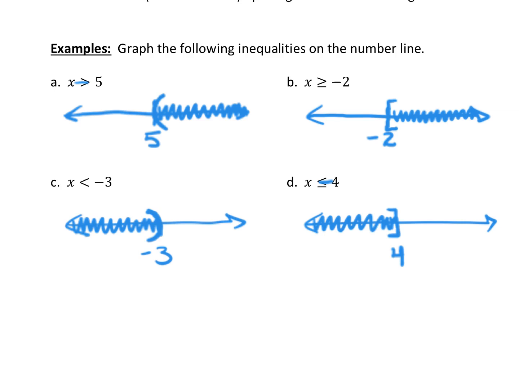If we flip it around, for instance, A, if I say 5 is less than x, well, this arrow is not going to point in the correct direction because this is the same statement as A. We want to know where are the numbers larger than 5, and so it's still over here. And we still have our parenthesis.